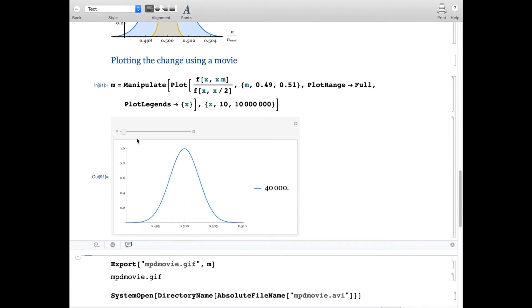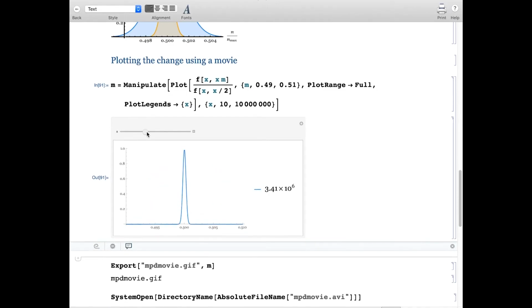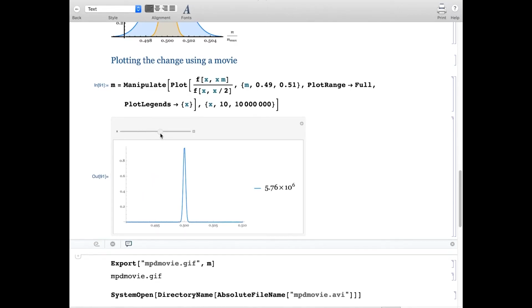You see it is getting sharper as I increase my x, the fractional deviation, that means I am deviating from 0.5, and I am getting a sharper and sharper distribution.